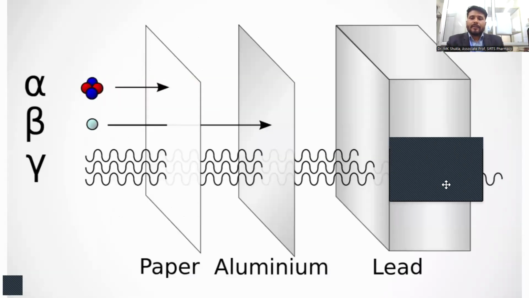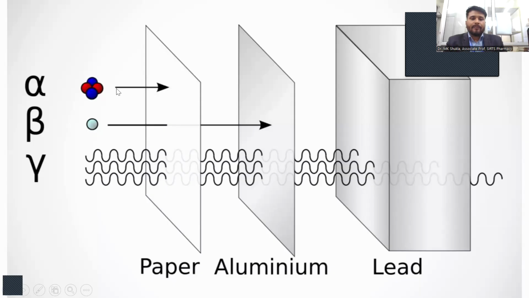So this is the diagram of alpha, beta, and gamma rays. We can see that alpha rays have very low penetrating power and do not cross paper. Beta rays have medium penetrating power; they do not pass paper, but they can pass aluminum foil.